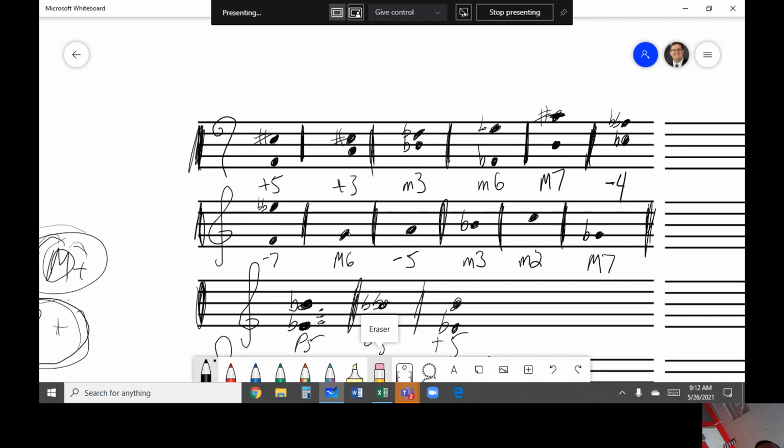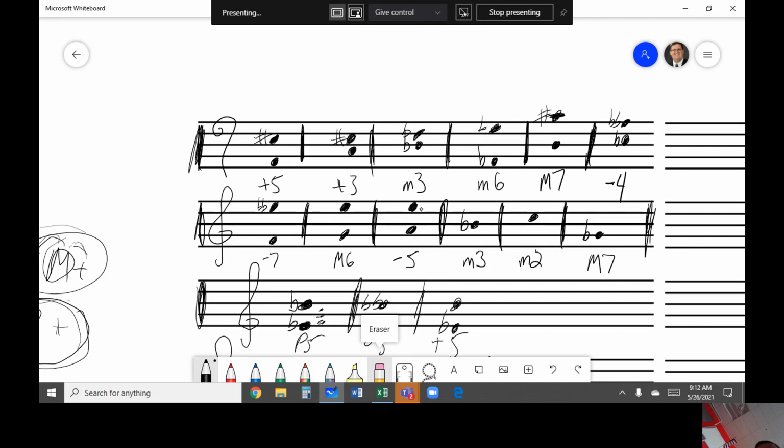A major sixth above G, there's your sixth. A sixth is already major, so therefore I just use the key signature. Diminished fifth above A, there's your fifth.